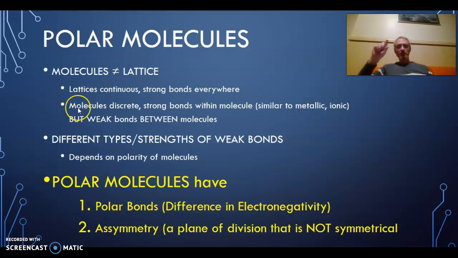But molecules are separate, they're discrete. The covalent bonds within them are strong, as strong as a metallic or ionic bond. But between the molecules, there's weak bonding, and we're going to spend time next week learning about those different types of weak bonding.